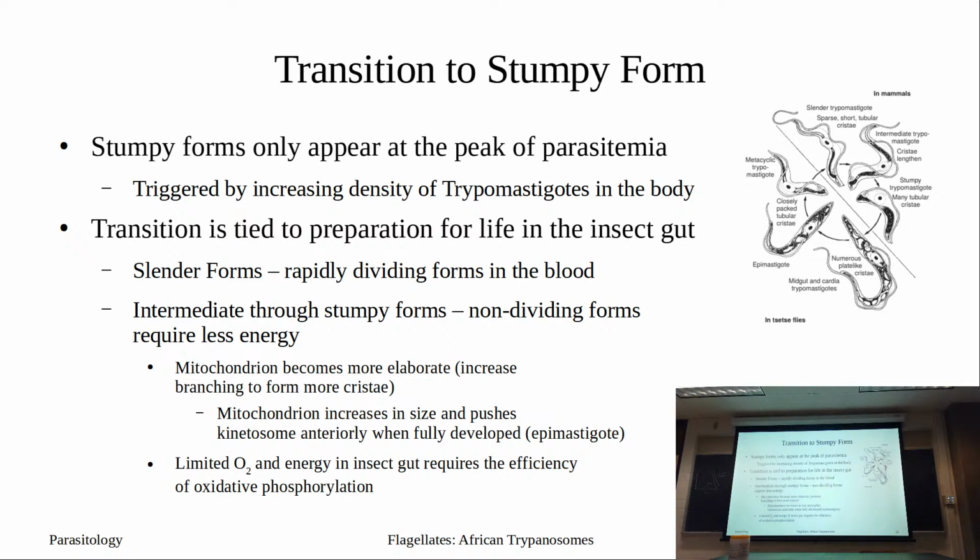And it does so by increasing the size and complexity of the mitochondrion, which consequently pushes our kinetoplast forward. All right? That's why it transitions. Energy efficiencies.